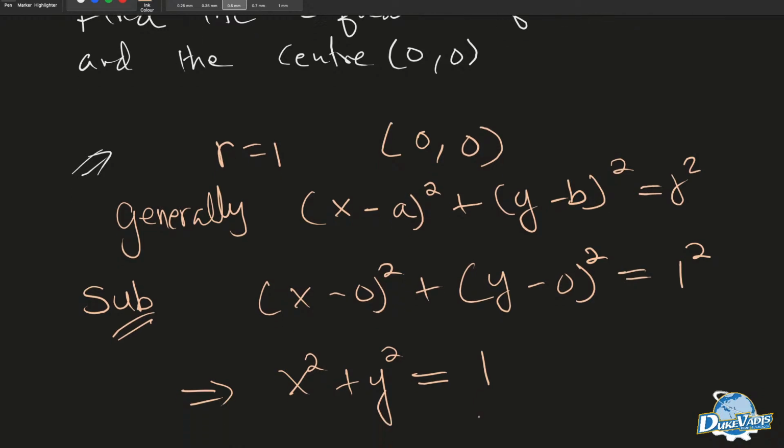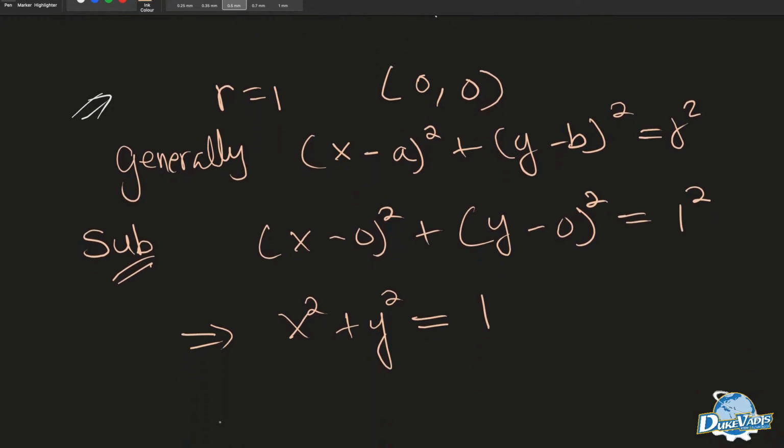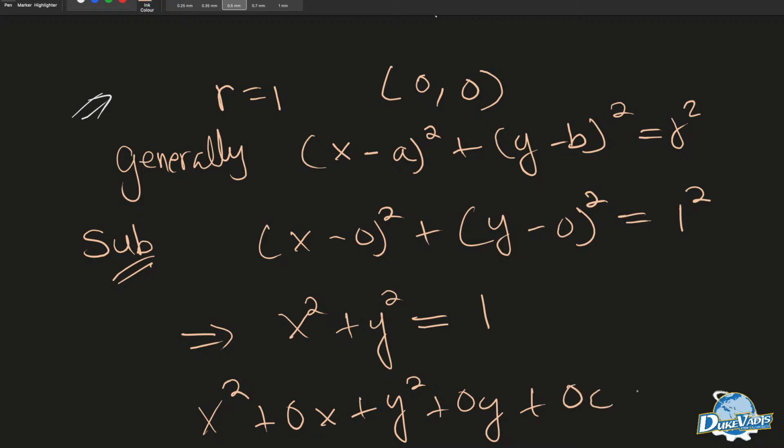This same equation can be written this way: x squared plus 0x plus y squared plus 0y plus a 0 constant is equal to 1. Have you seen that?